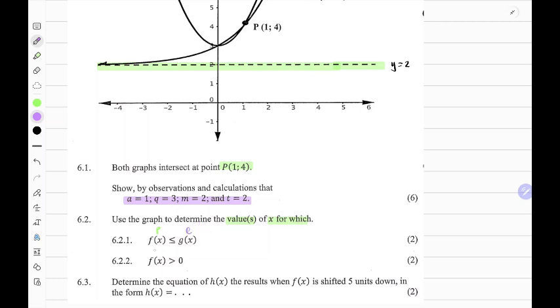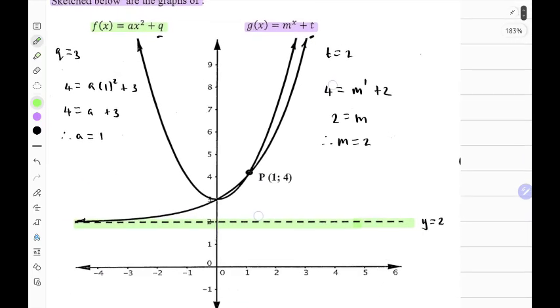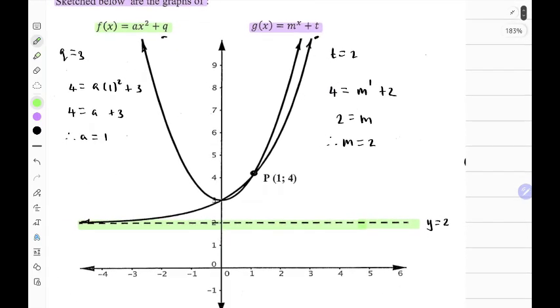So where is the exponential greater than or equal to the parabola? Let's have a look. Remember, it says the exponential has to be greater than or equal to the parabola. So let's have a look here on the graph. This one has to be greater than that one.